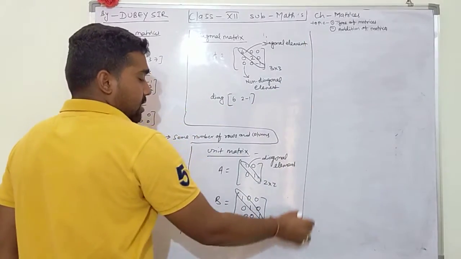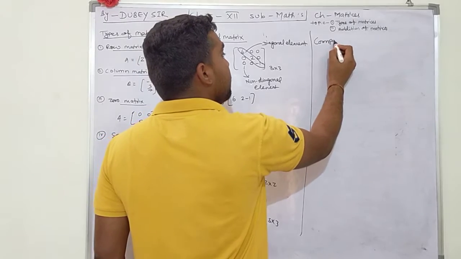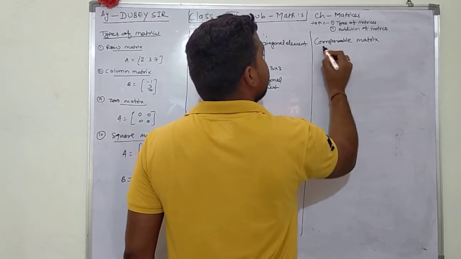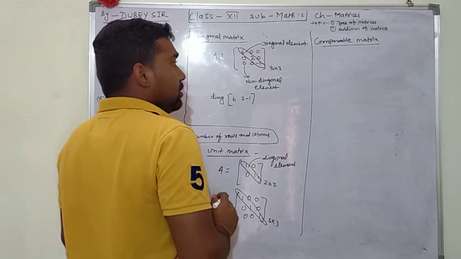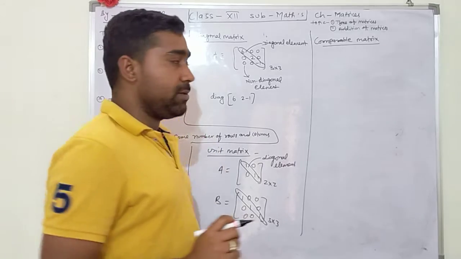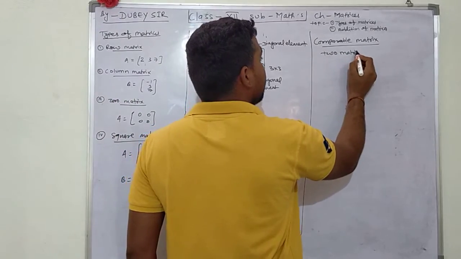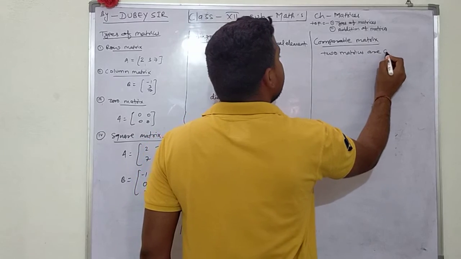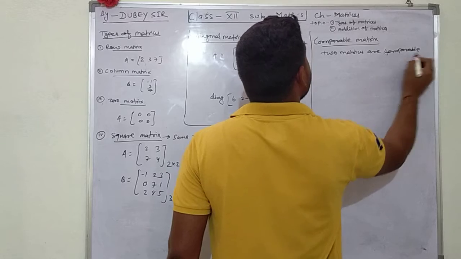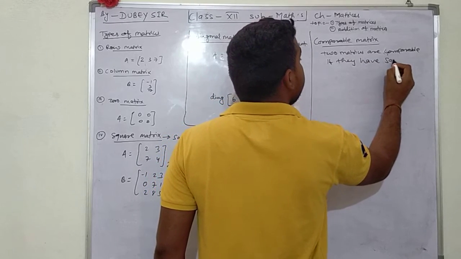Next, I am going to discuss comparable matrix. Two matrices are said to be comparable if they have the same order.